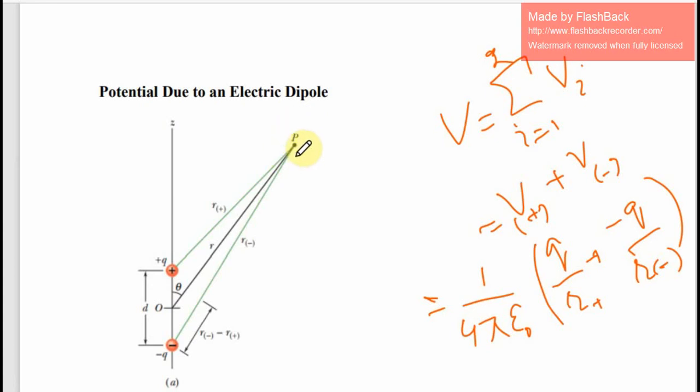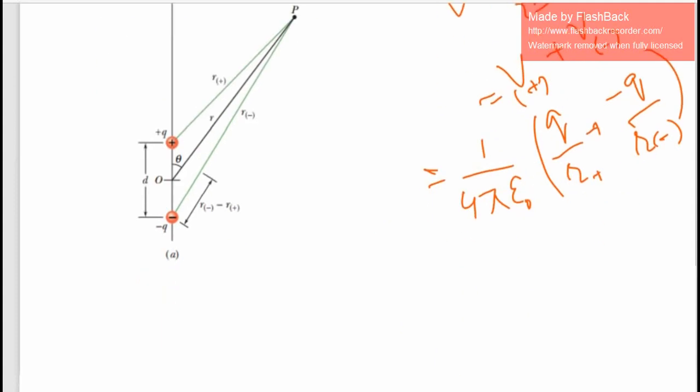As naturally occurring dipoles are quite small, we are interested only in points relatively far from the dipole. That means we apply the condition r much greater than d: the distance between this point and the dipole axis is much greater than the distance between the two charges.